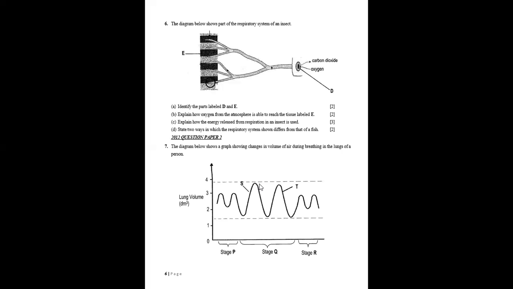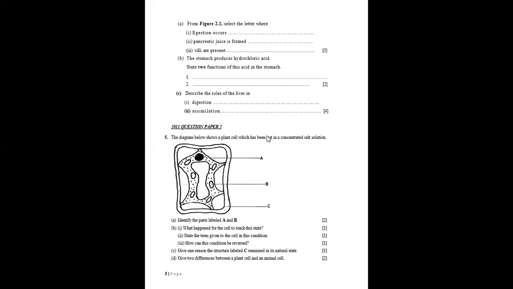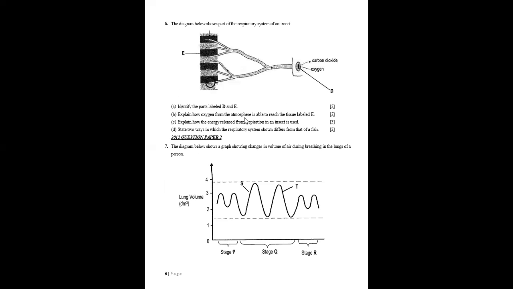All right, question six. The diagram below shows part of the respiratory system of an insect. Identify the parts labeled D and E. Okay, this part is called D. It is the spiracle.